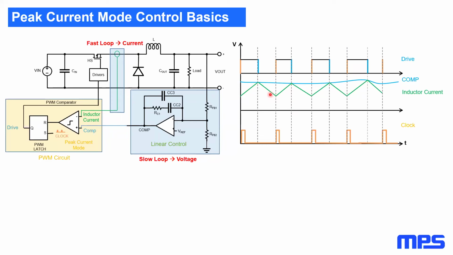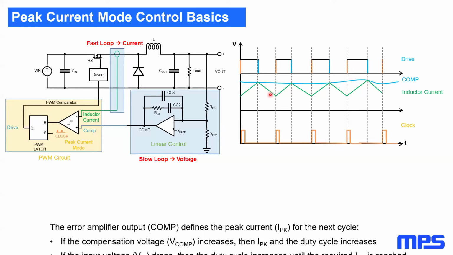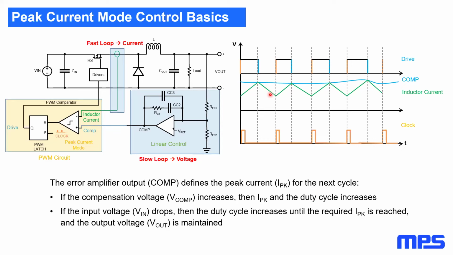This is how we then generate this PWM that's going to be able to modify the duty cycle when we have changes in the required output voltage or the required load current that we need to supply to the output.